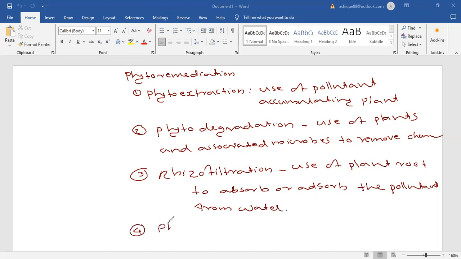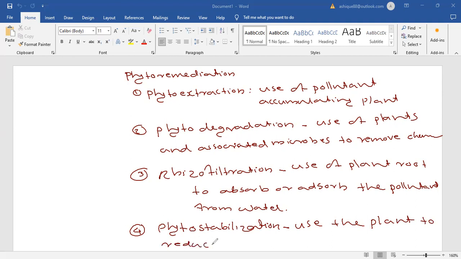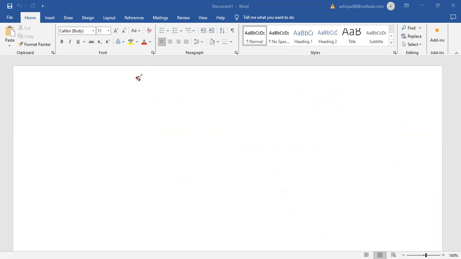The fourth one is phytostabilization, where we are using plants to reduce the bioavailability of the pollutants in the environment. That is phytostabilization.